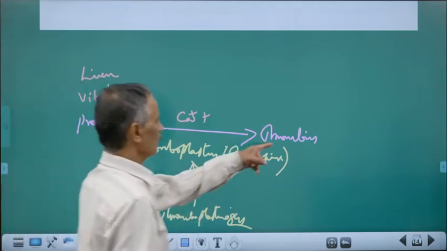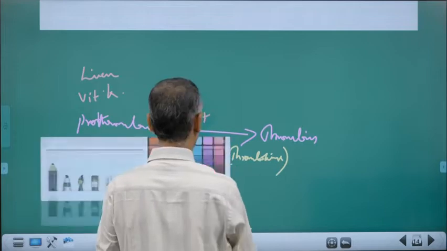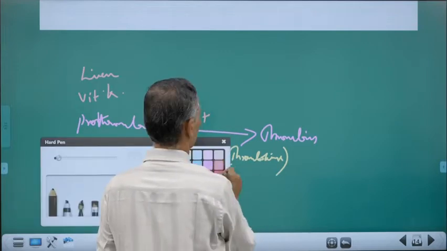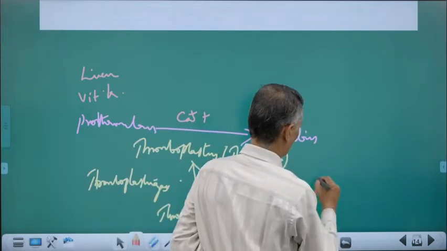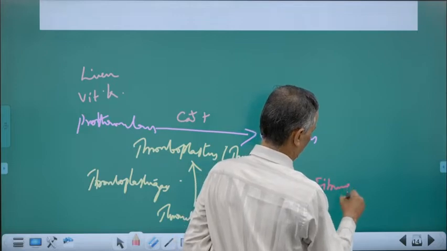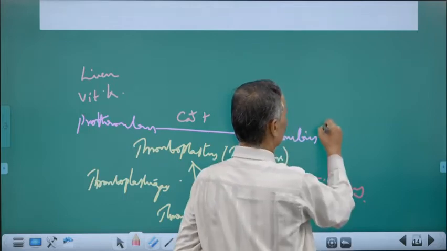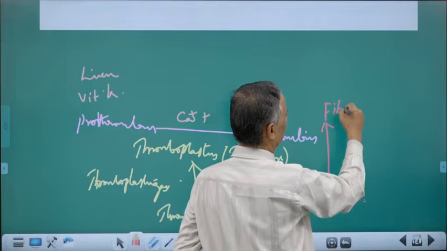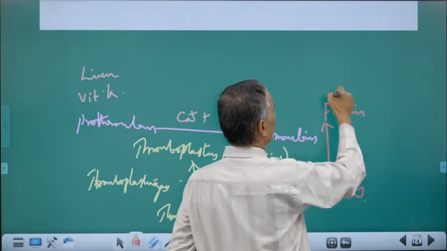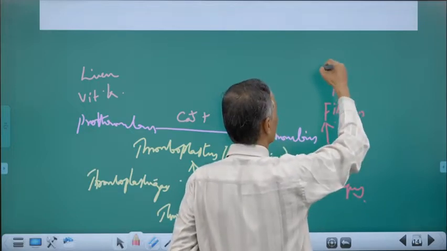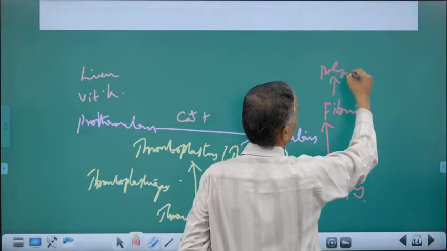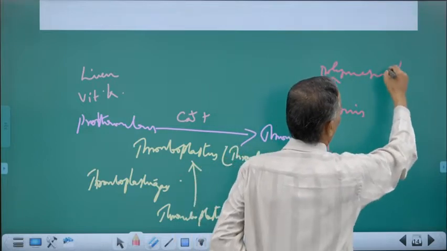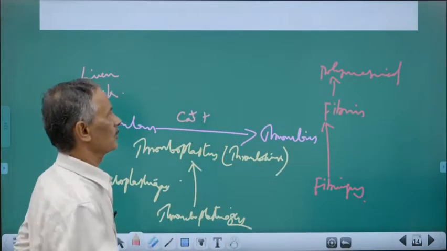Once thrombin is produced, the thrombin will activate the next one, fibrinogen, which is inactive, to active fibrin. This fibrin is in turn polymerized to form fibrin threads.